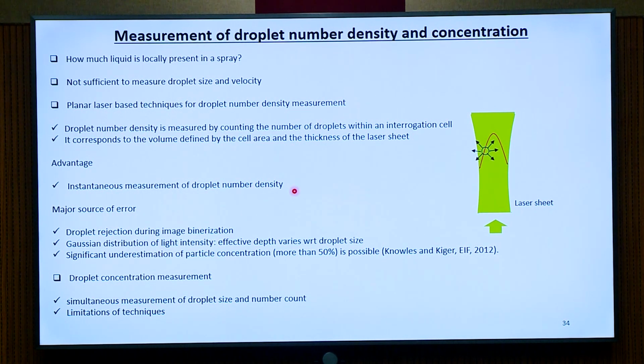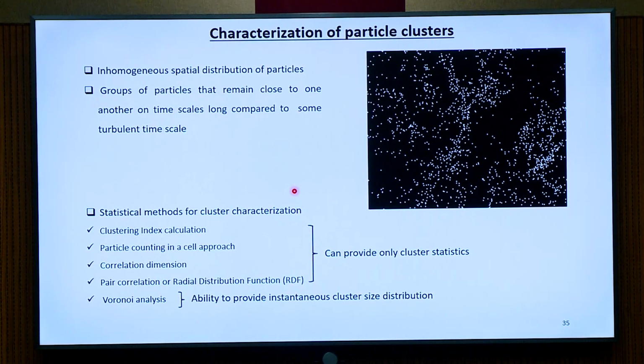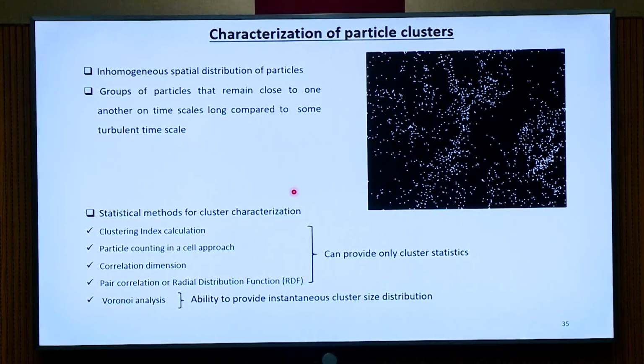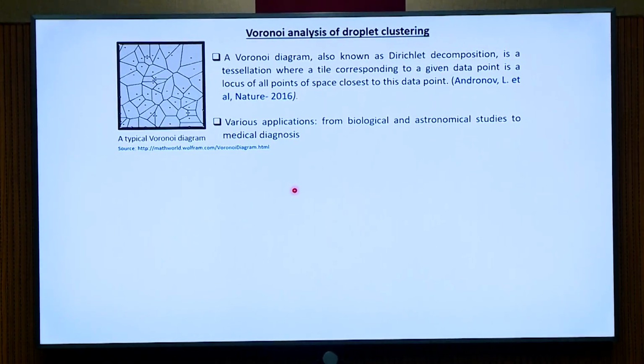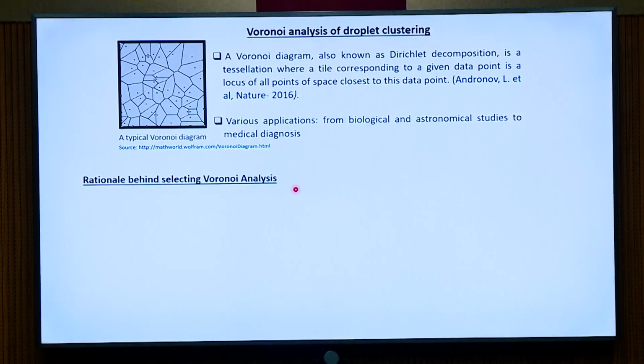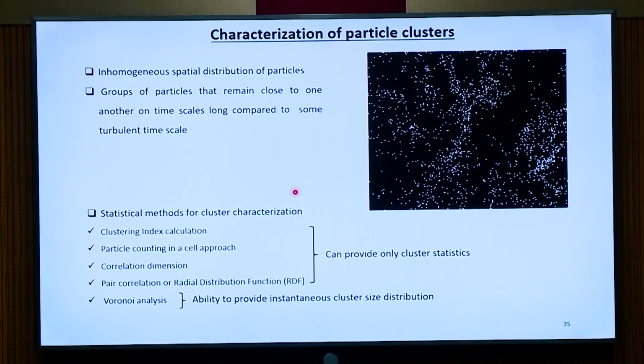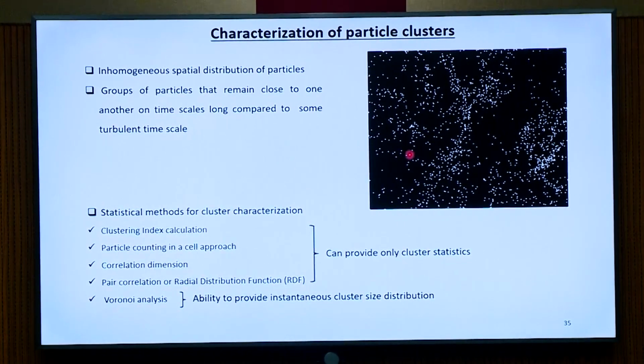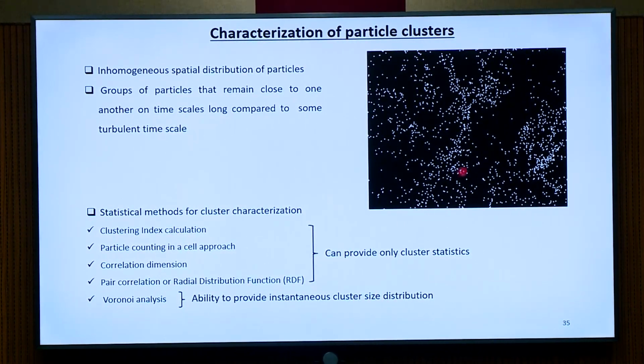Then we can use the PIV images to characterize clusters. I won't go into detail. Using various statistical methods, we can characterize particle clusters. But here, one thing I would like to note. This is an image of spray droplets in a typical injector. What you see here is that the droplet distribution is not homogeneous.